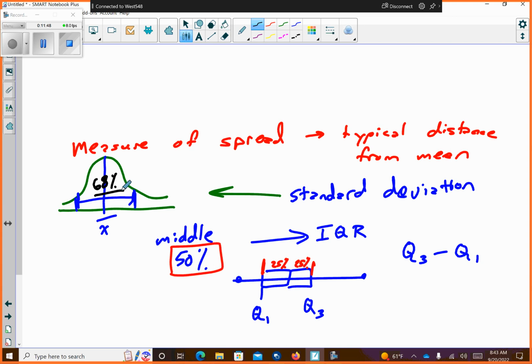They're going to be two different numbers, and that's okay. The standard deviation can be found on Desmos. And when you use Desmos to find either of them, there's a certain way that we're going to go through it. I'll talk to you more about that as we go on.